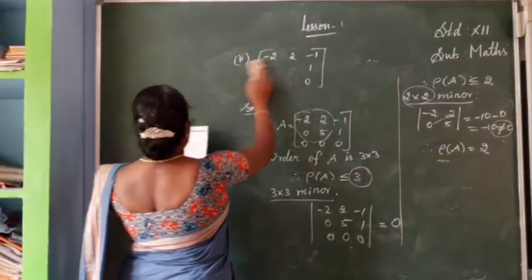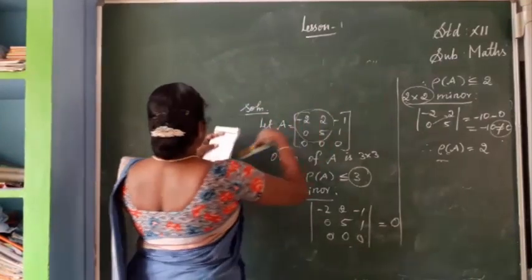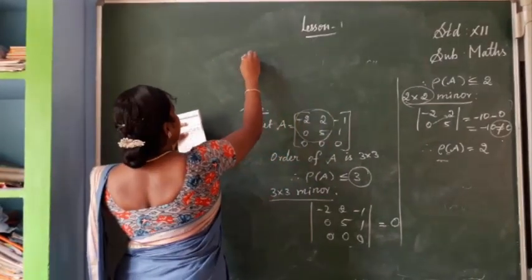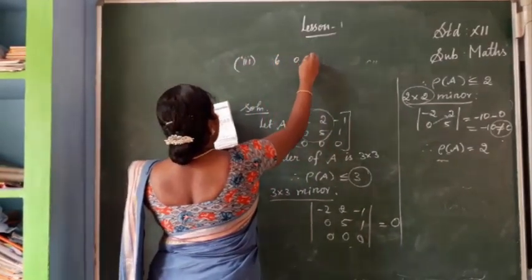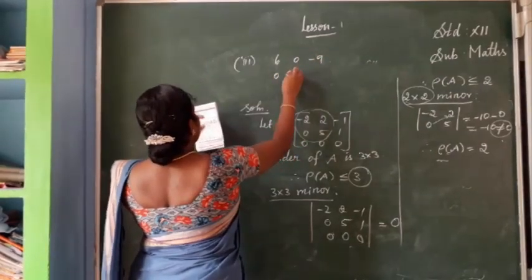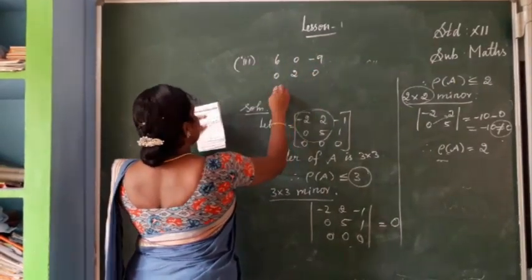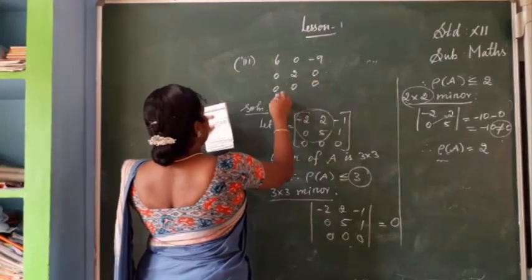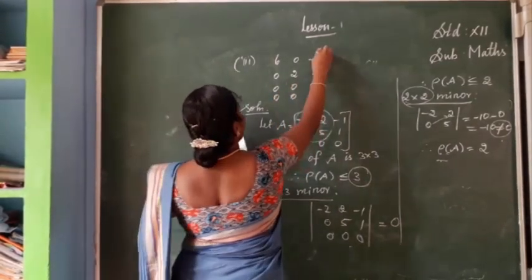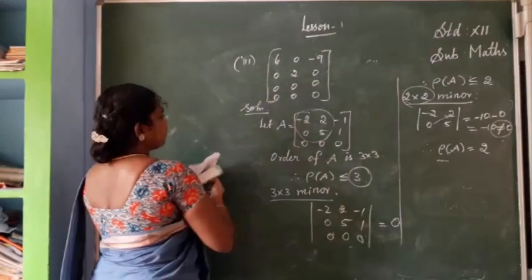The third subdivision is 6 0 minus 9, 0 2 0, 0 0 0, 0 0 0.